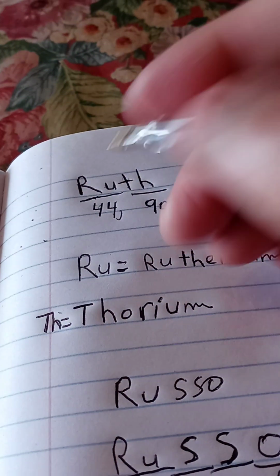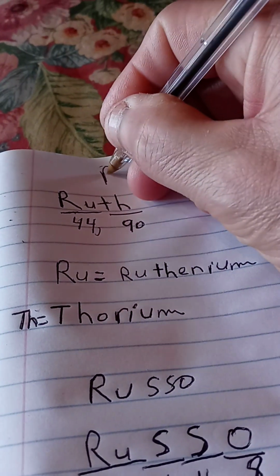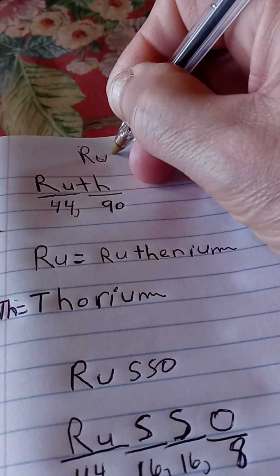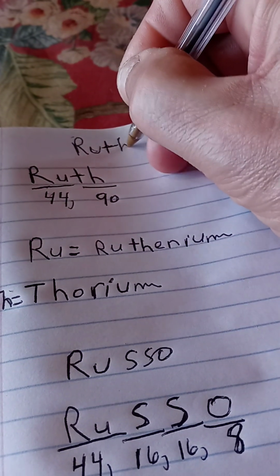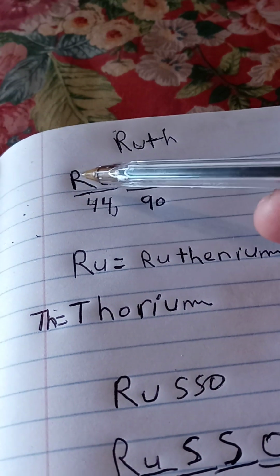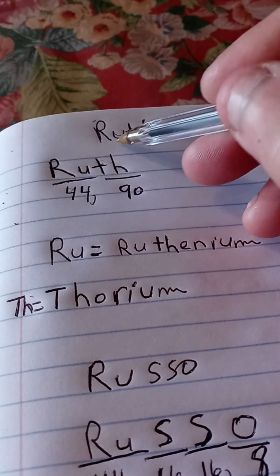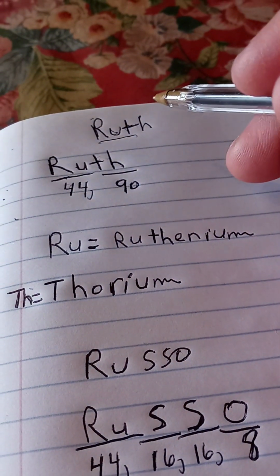Well, we know that Ruth is spelled capital R-U-T-H. Now, to write it down according to the chemical symbol, according to the periodic table of elements, we have to rewrite this. Normally you're going to put an R, a U, a T, and an H. That's how you will normally write the name Ruth. But in the periodic table of elements, if you have two letters, like capital R and a U, it has to be changed to fit the periodic table.